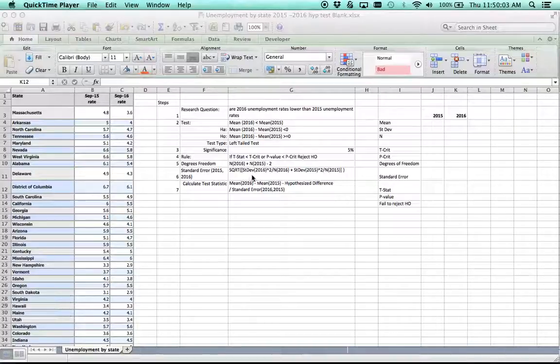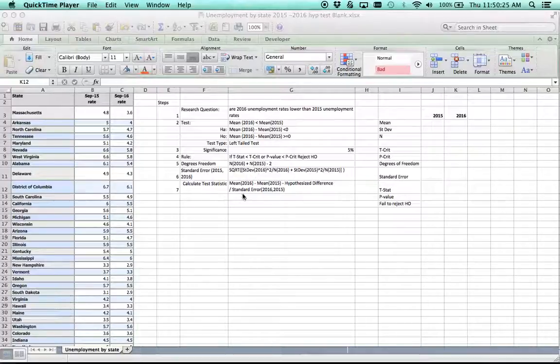We get that by taking the standard deviation of each of those samples, squaring it, and then dividing it by the number of observations in that sample. So we do it first for 2016, then for 2015. We add those two results together and take the square root of it. You'll see what that looks like over here in just a minute.